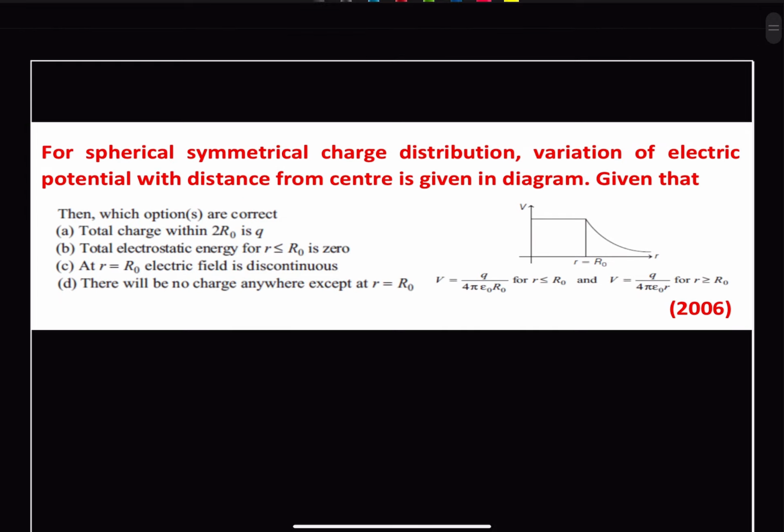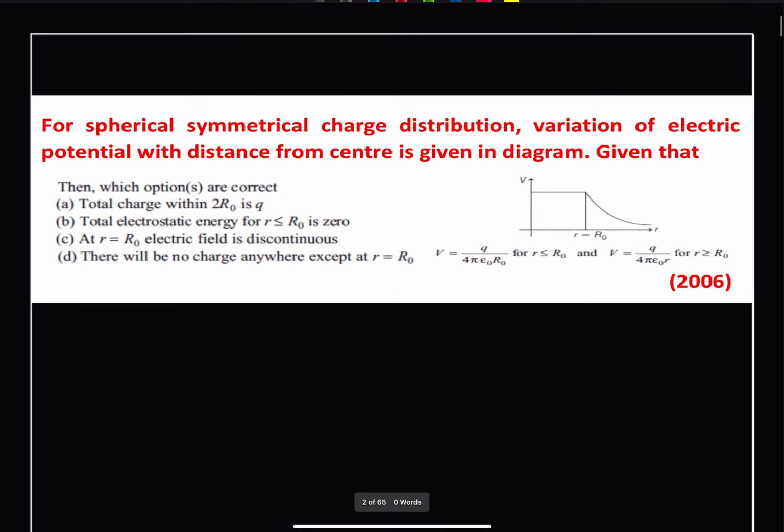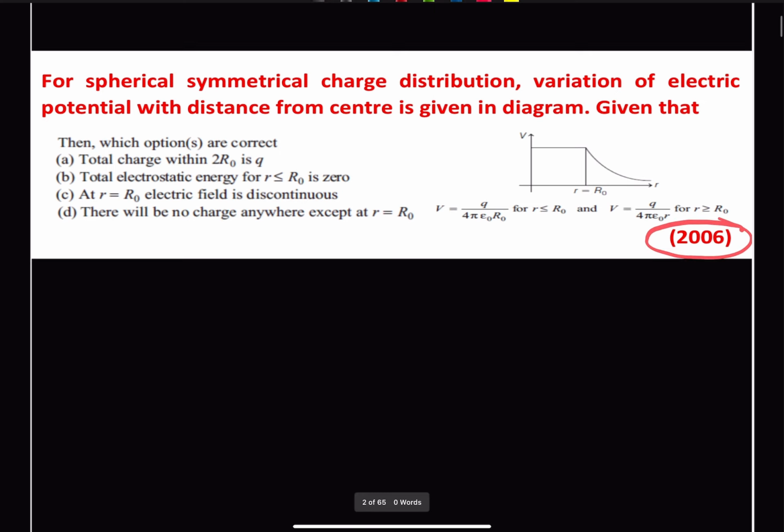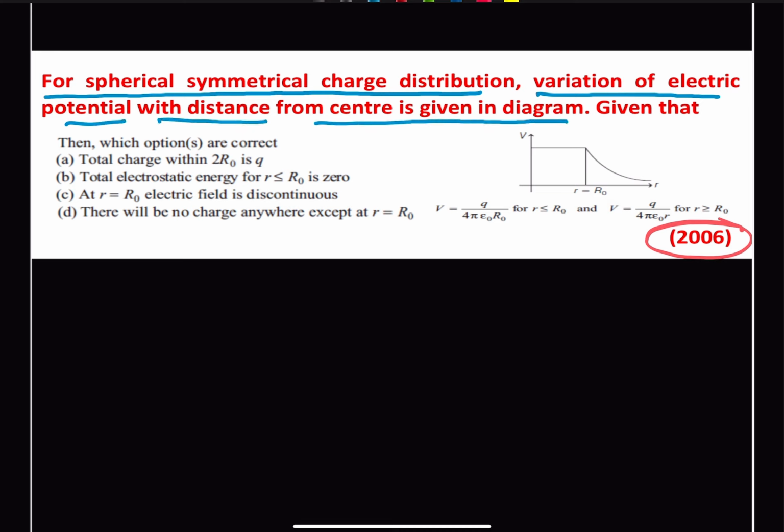So in the first question, it was asked in the year 2006 and states that for spherical symmetrical charge distribution, variation of electric potential with distance from the center is given in the diagram.